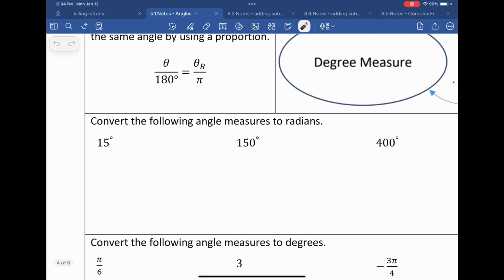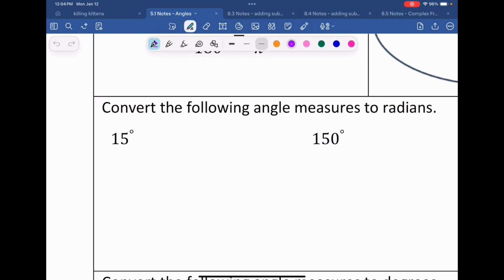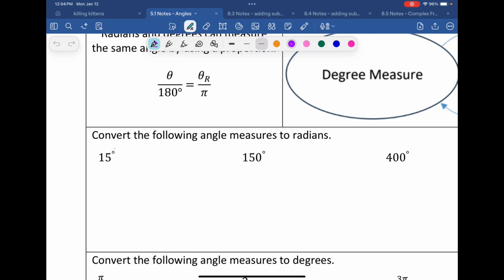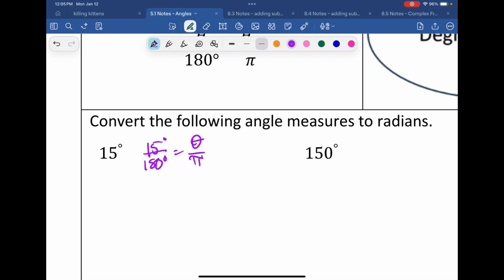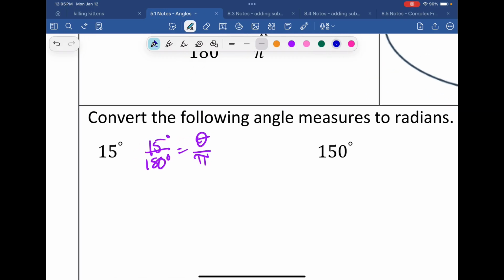So convert the following angles to radians. All right, well, we have our theta, which is 15 degrees, over 180, equals theta over pi. What happens here, and this is why you can change from degrees to radians, is your degrees actually cancel.